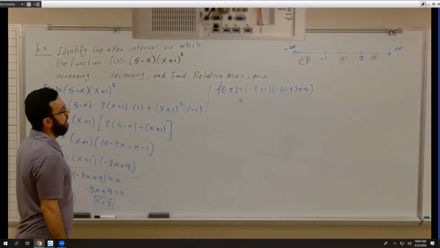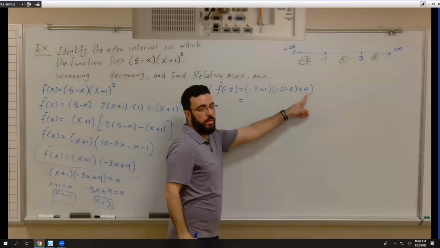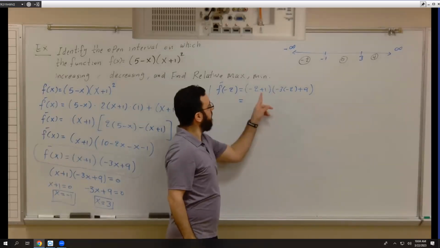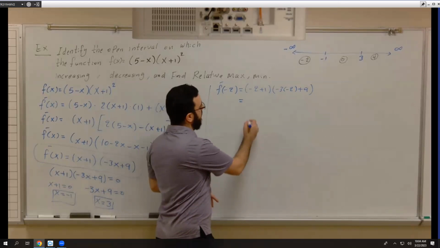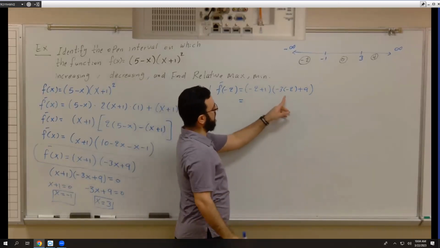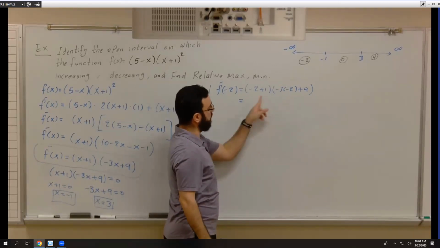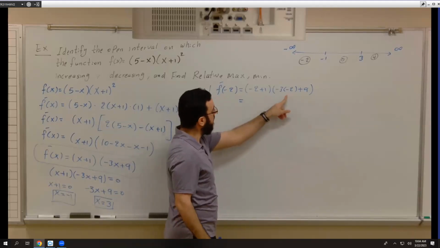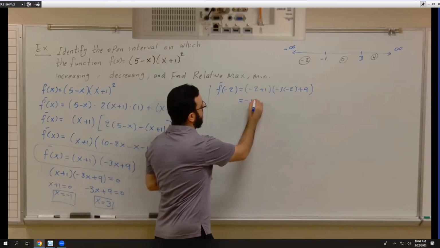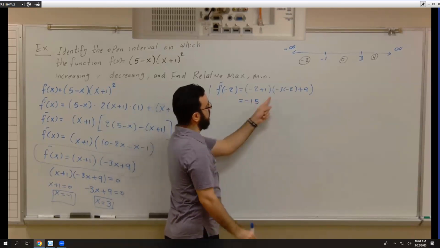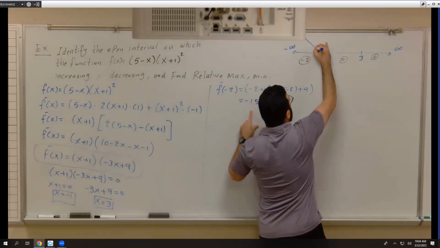This is 6 plus 9, which is 15. 15 times negative 1 is negative 15. Be careful, because you have to multiply the results from these two sides. That means this one is decreasing.